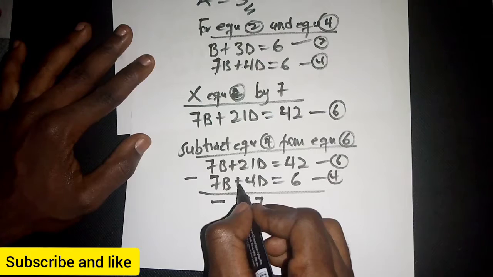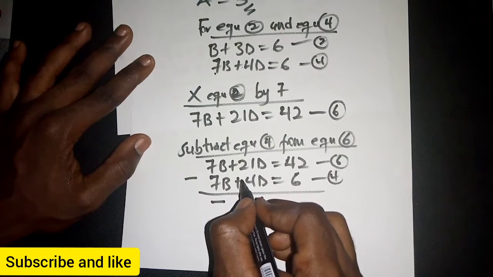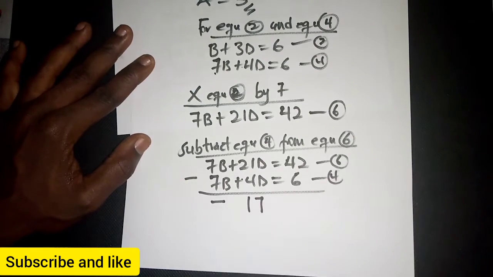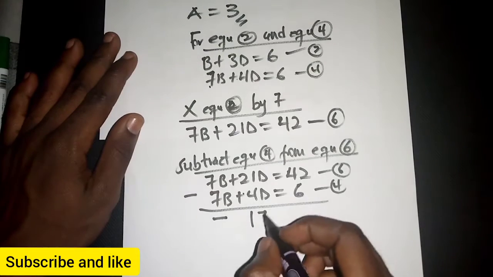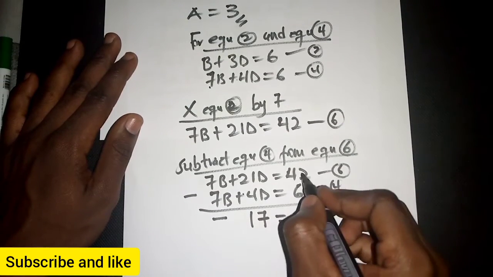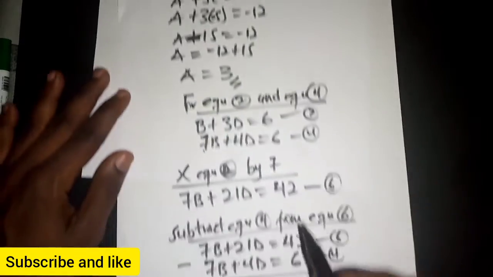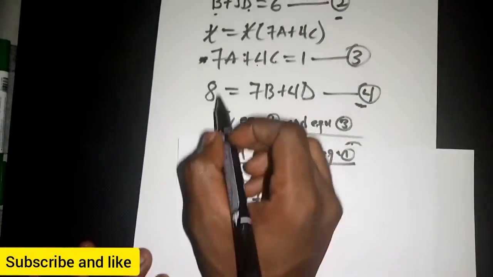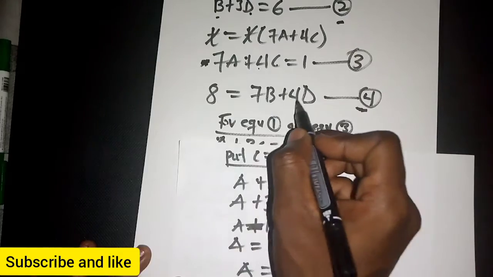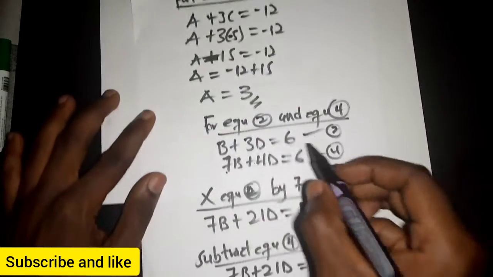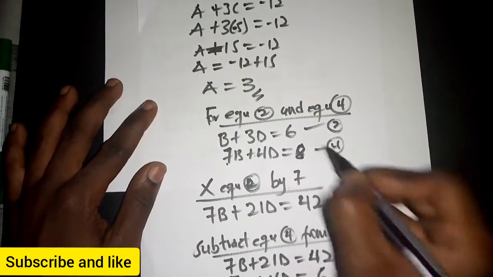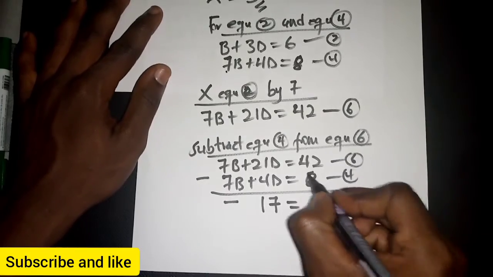We have 17d equal to, now equation 4 was this. Equation 4 is 7b plus 4d equal to 8. So in place of equation 4 here it should be 8.